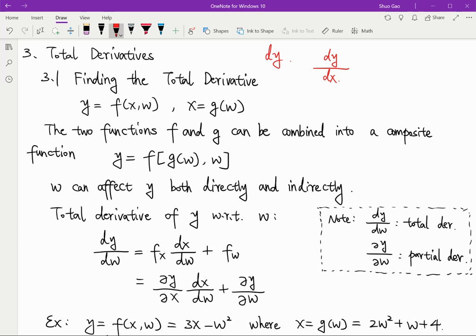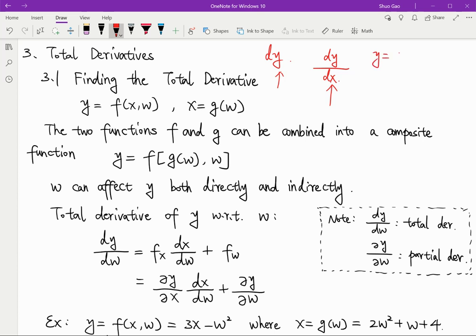This is the total change, although the change is very little, the total change of y with respect to the change of x. So this is called the total derivative of y with respect to x.